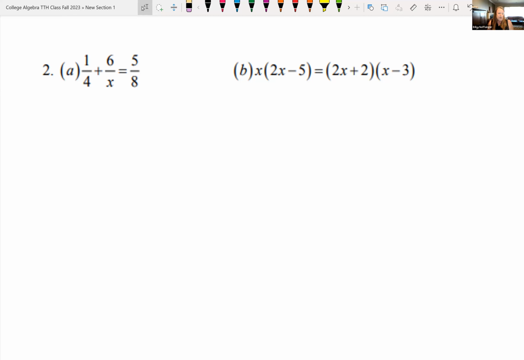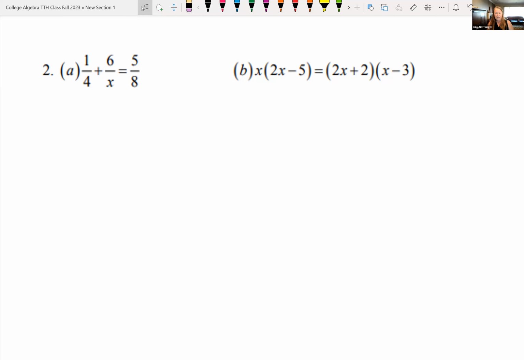Sometimes when we solve equations, we get what are called extraneous solutions. So we get solutions that we find for a variable which actually do not work when we plug them back in.